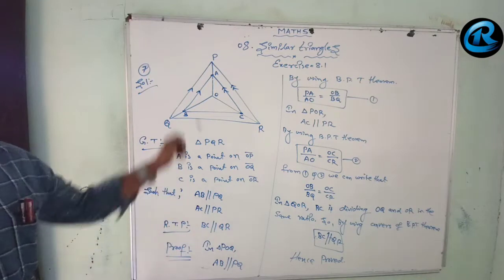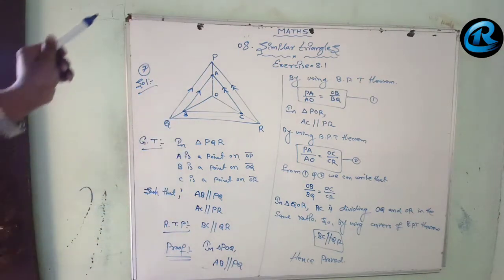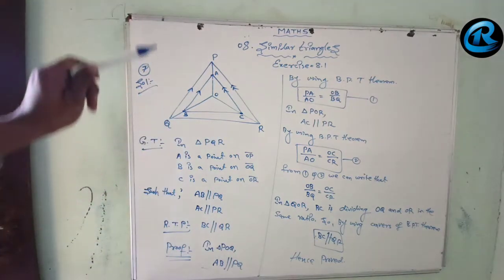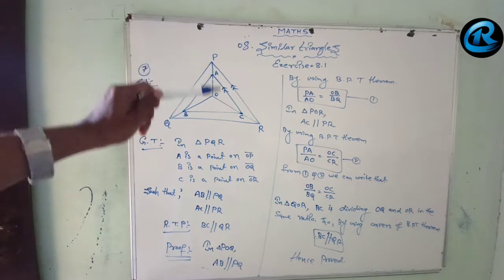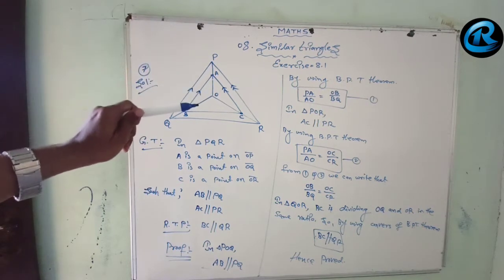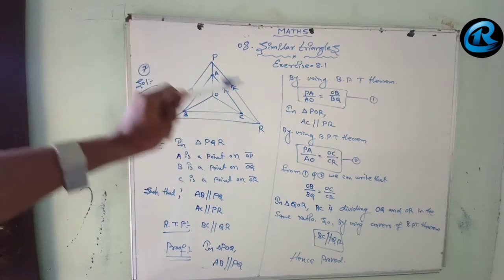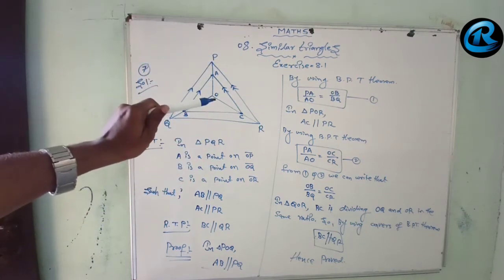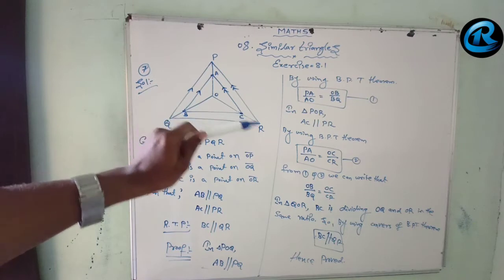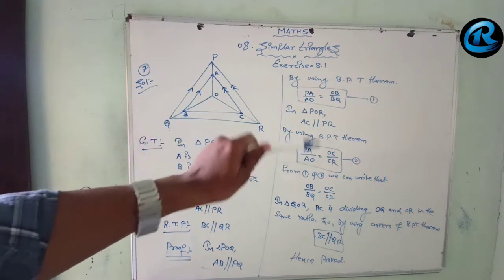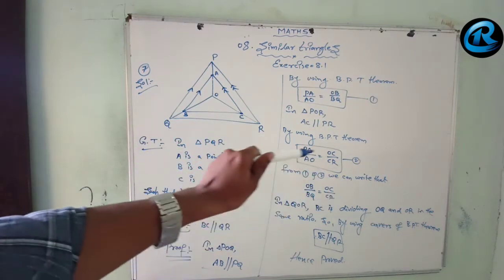Very simple. ఒకసారి POQ triangle తీసుకోండి, ఇంకోసారి POR triangle తీసుకోండి. Here PA by AO is equal to OB by BQ. నెక్స్ట్ సారి మీకు POR triangle PA by AO is equal to OC by CR. Equation number 1 and 2 will get it here.